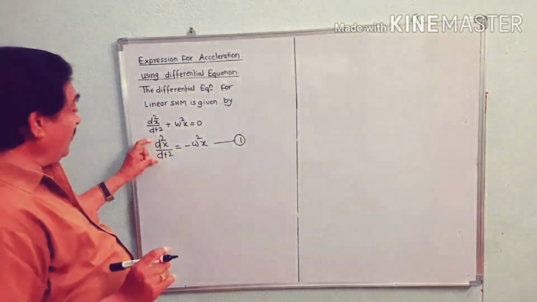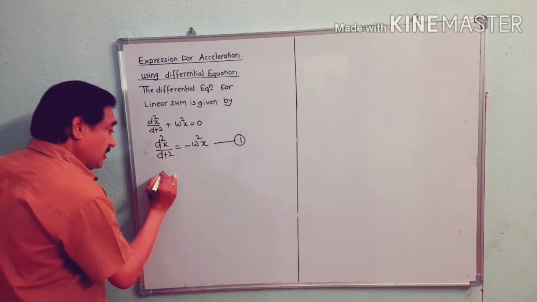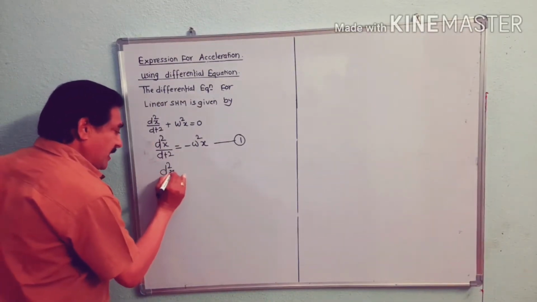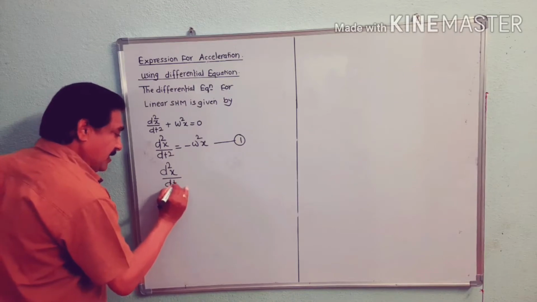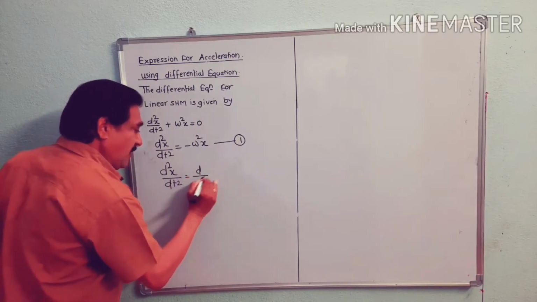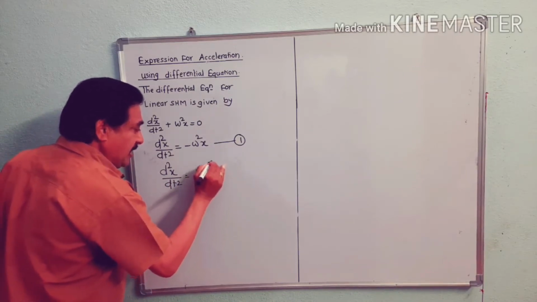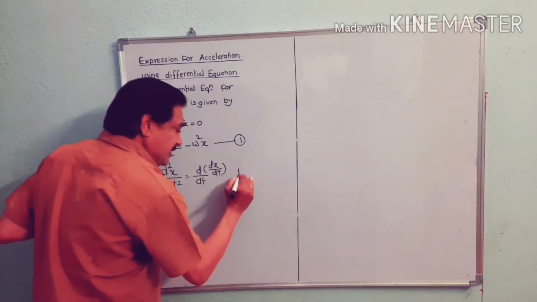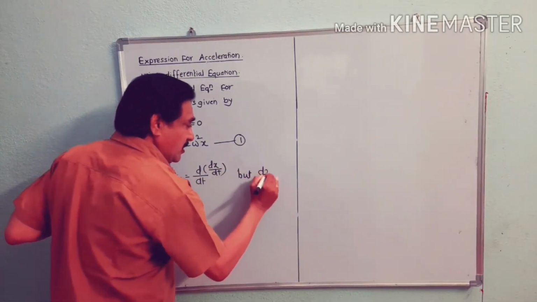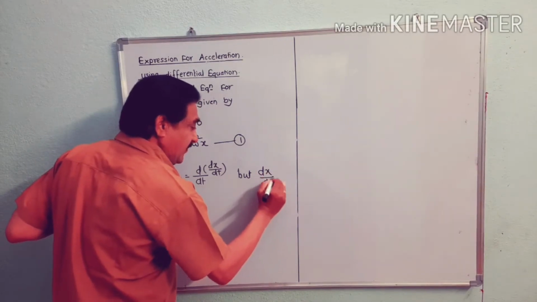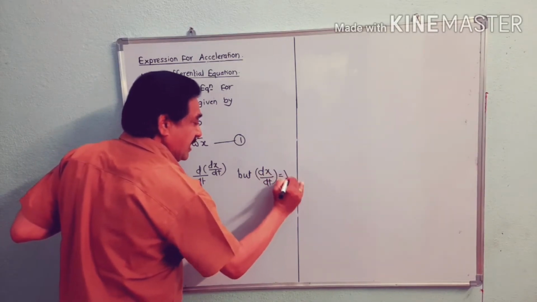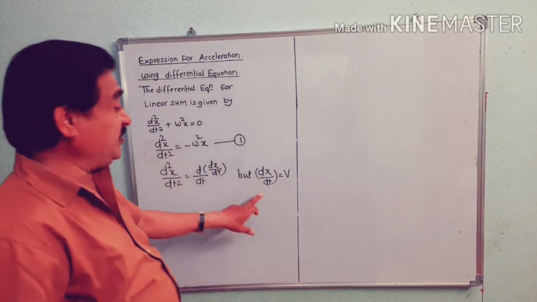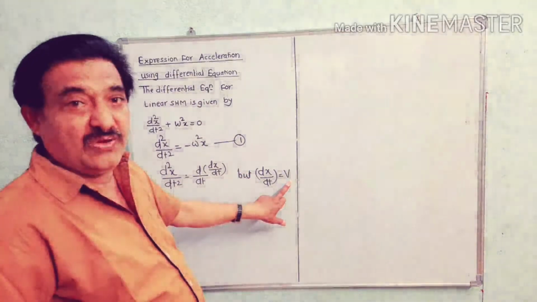Then we will find the value of d2x upon dt square. So d2x upon dt square is equal to d by dt of dx by dt. But dx by dt is the rate of change of displacement, and the rate of change of displacement with respect to time is known as velocity.